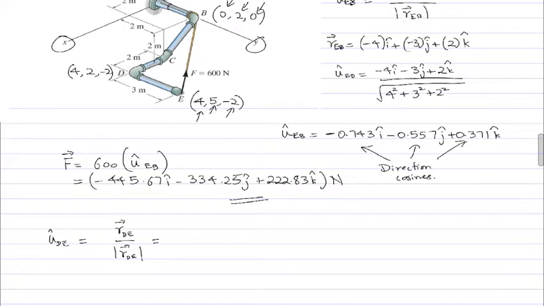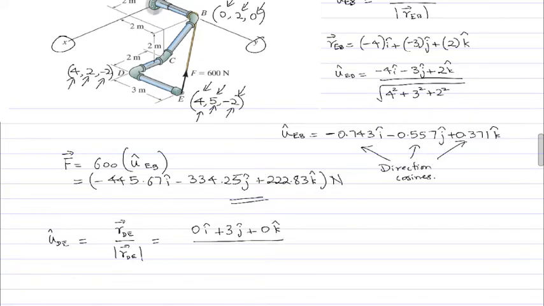To find the x component, we just subtract positive 4, that's x of D, from the 4 of E. So that's 0 i. And similarly, the y component would be 5 minus 2, that's plus 3 j. And the z component would be minus 2 minus minus 2, which is again 0 k.